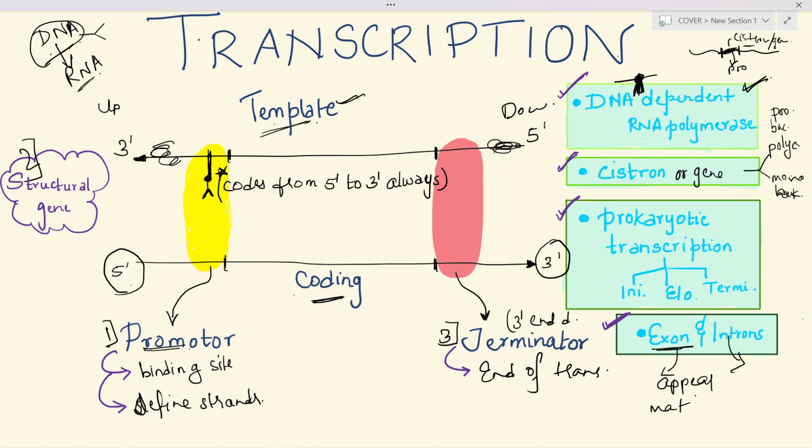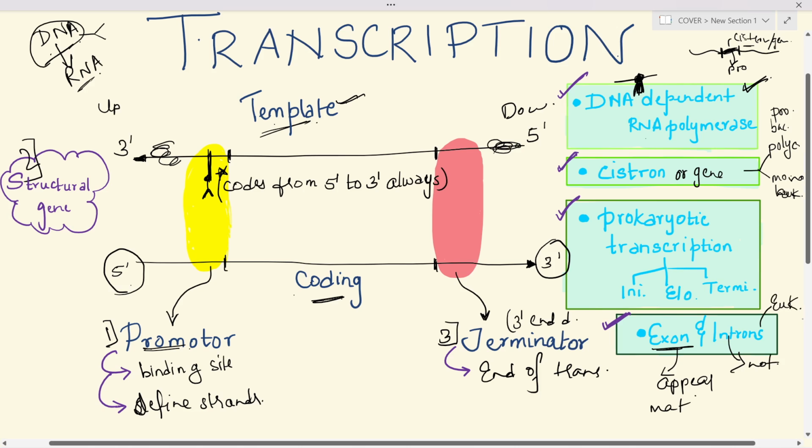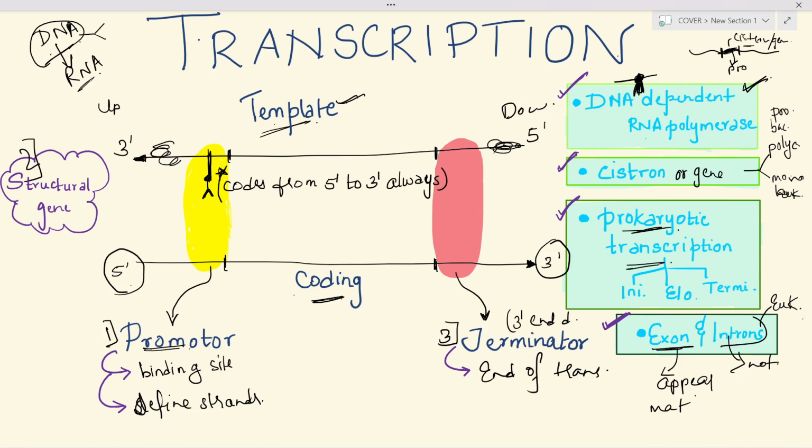But introns are not present in mature RNA. This is seen only in eukaryotes and not prokaryotes. Prokaryotic transcription therefore becomes very simple because there are no interfering introns, as a result of which the three processes, initiation, elongation, termination, take place back to back.